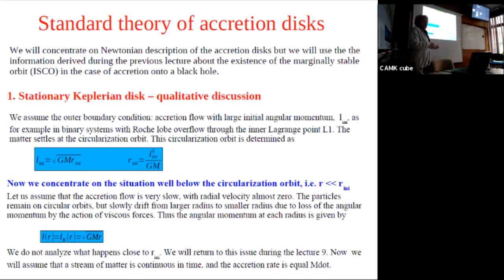So we will assume that we have almost circular orbits, and the dynamical role of the radial velocity is negligible. And we will discuss this issue in detail.